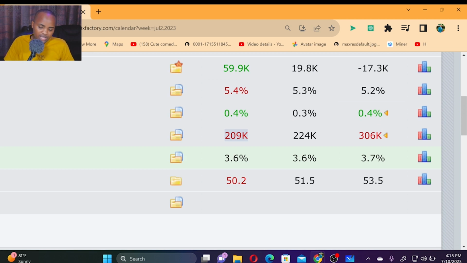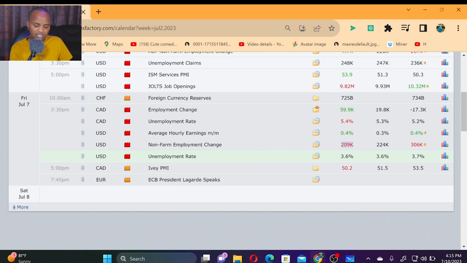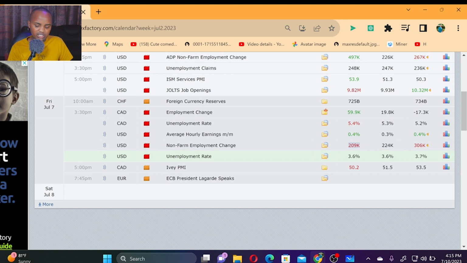Sometimes a positive one can cause the market to go up. But as I said, if the market prints consecutively high NFPs, it means so many people get employed and they will have money, causing inflation. So very high NFP can cause fear and sentiment, and cause the currency to weaken, okay?